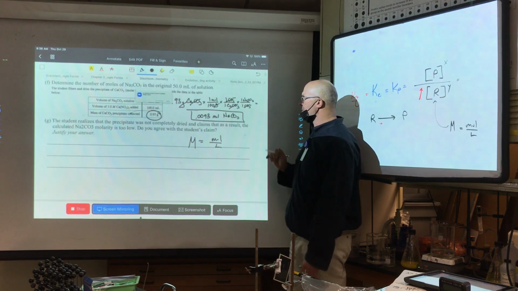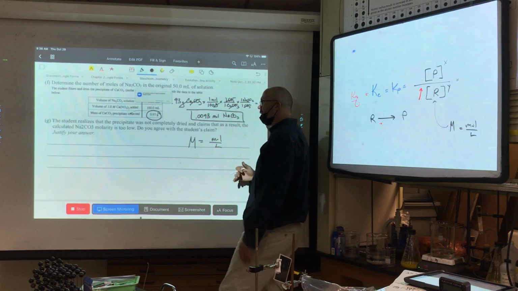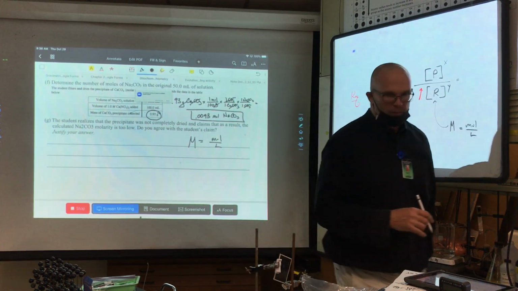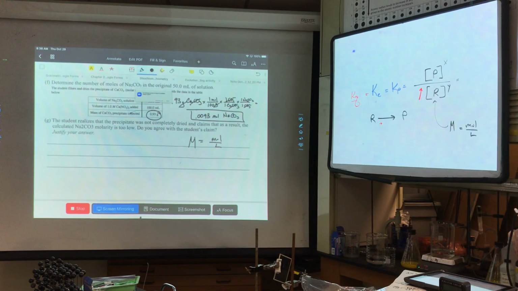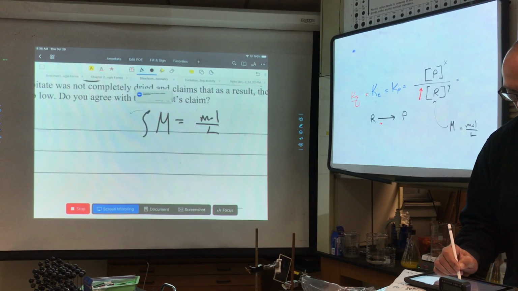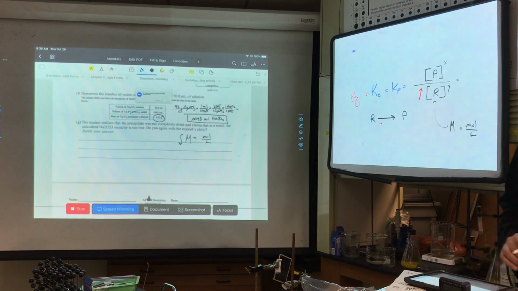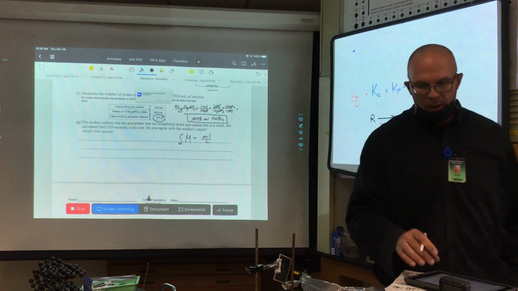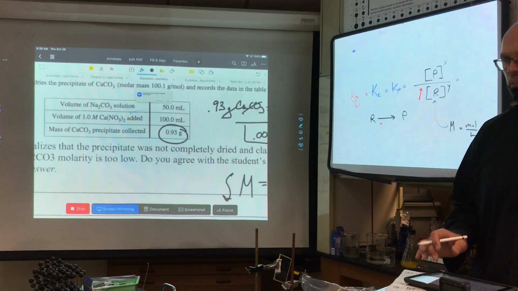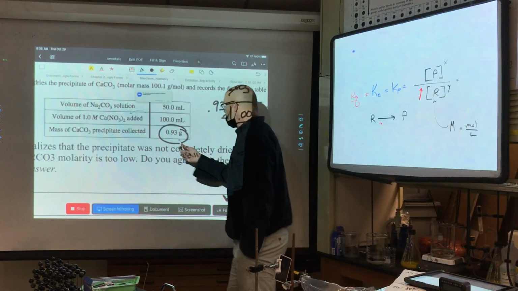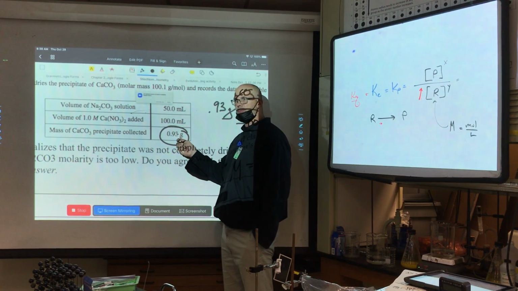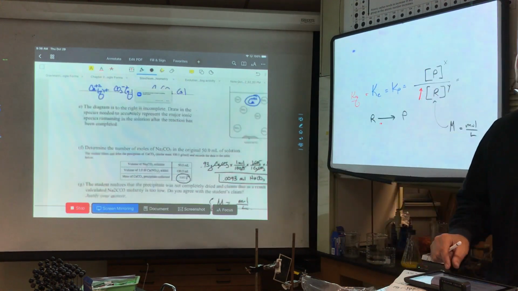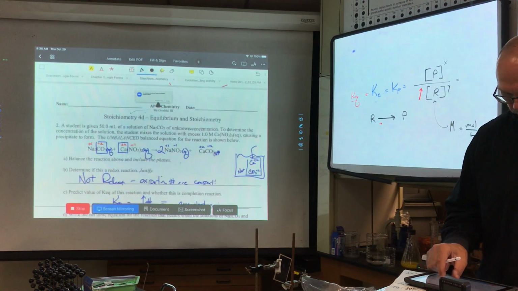The student realized the precipitate was not completely dry and claims that as a result, the molarity is too low. Do you agree with the student's claim? We agree that the molarity would be too low because it wasn't completely dry. Now, think with me. Go backwards. If it wasn't completely dry, wouldn't some amount of this 0.93 be due to the water? Right. So now we got to go read the problem again, just to make sure we got this.